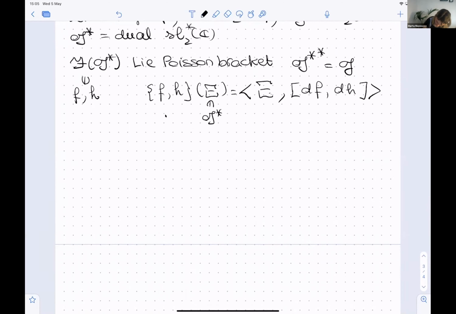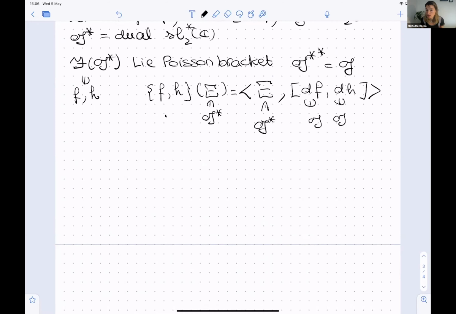So the idea is that this psi belongs, as before, to G star. These two are differentials of functions on G star, so they belong to G star star, but because we have made this identification, we can think of them as elements in the Lie algebra.